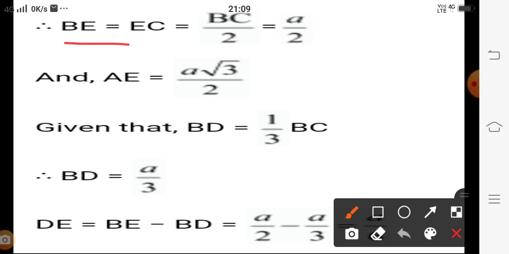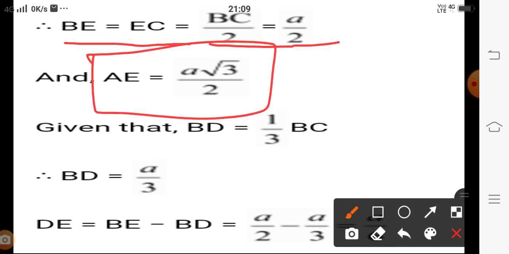If this is the given relation, and if it is a perpendicular bisector, then BE equal to EC is equal to BC upon 2. And if we consider the length of the side of the equilateral triangle as A, then we are getting A/2 as the length of BE and EC. And AE we are getting as A√3/2.